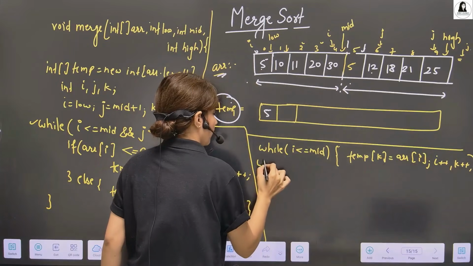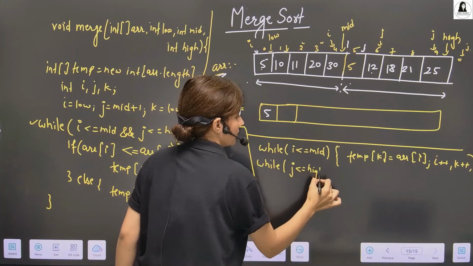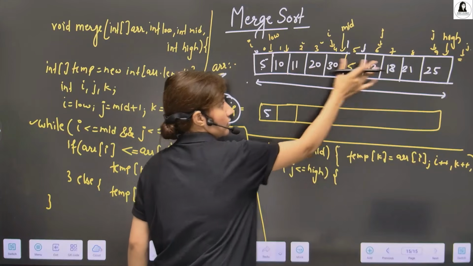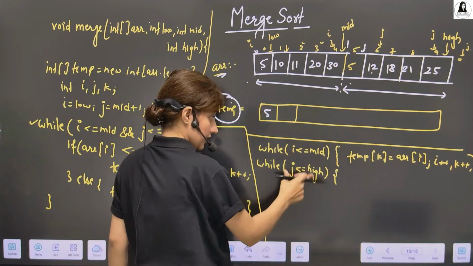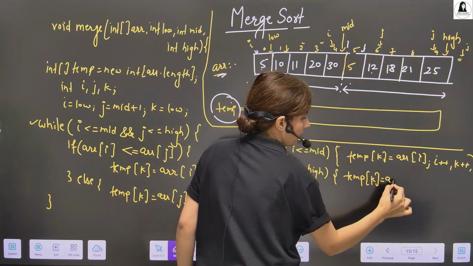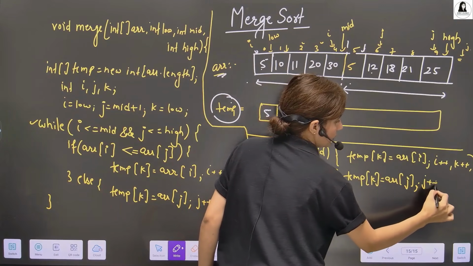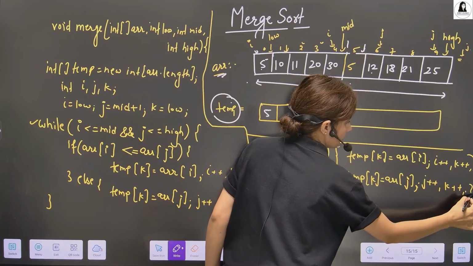Closing. One more while loop after this, while j less than or equal to high. Maybe this list is exhausted, we are still having remaining elements in this. So while j less than or equal to high, till then we just keep adding in this temporary array whatever at jth index. Keep moving j plus plus and k plus plus. That's it.